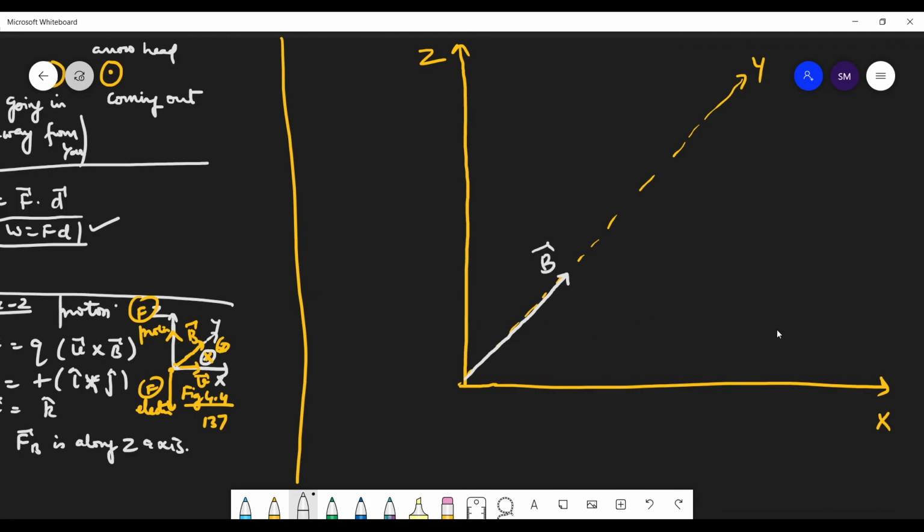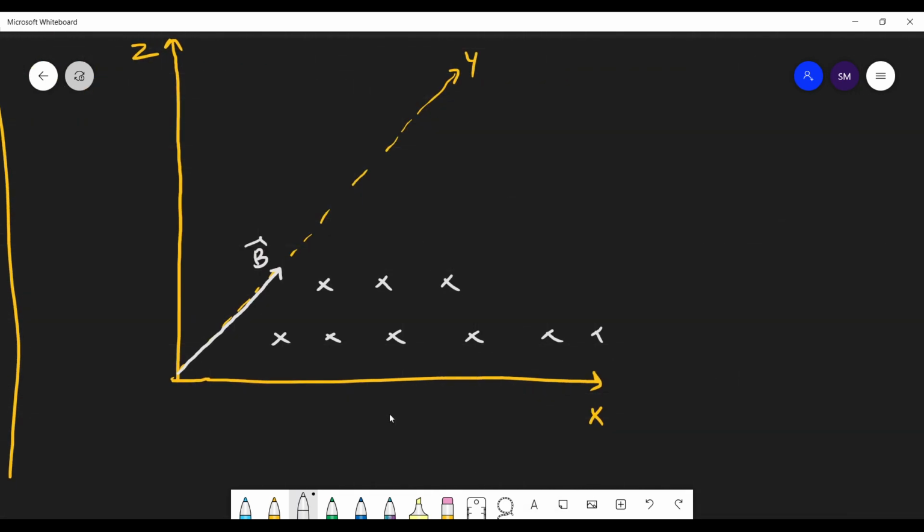And what's the velocity of electrons? So you have a field over here, understood? It is moving in this direction, so the field is in this direction. So how am I going to draw this? Like this. Try to understand, students. Is this clear to everyone? So that's how I am going to draw. This is a uniform field, so all these crosses are supposed to be at equal distances.